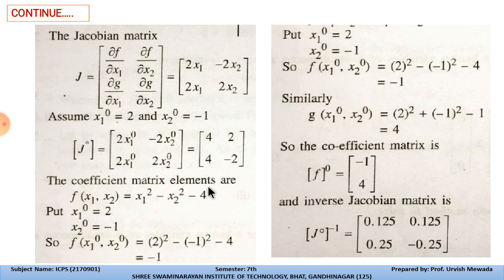The coefficient matrix elements are, say, the function f of x1 and x2 is x2 square minus x1 square minus 4. So put x1 raised to 0 is equal to 2, and x2 raised to 0 is equal to minus 1 in this function. So the function at x1 raised to 0 and x2 raised to 0 is equal to 2 square minus, of x2 raised to 0, minus 1 square minus 4.